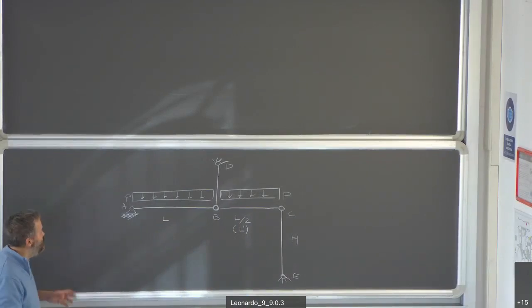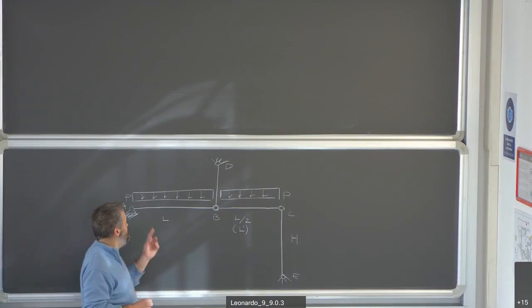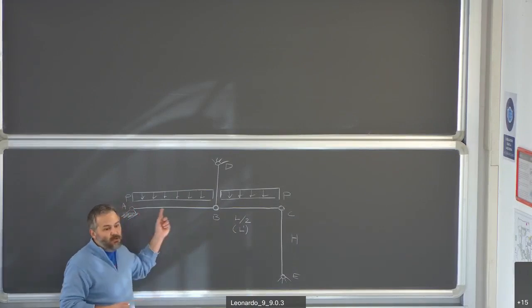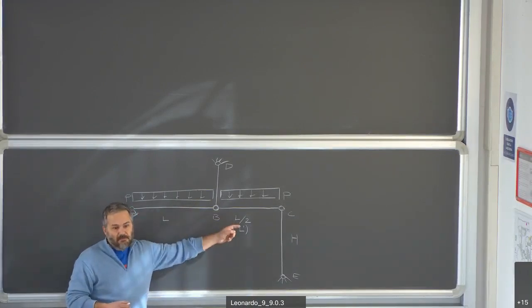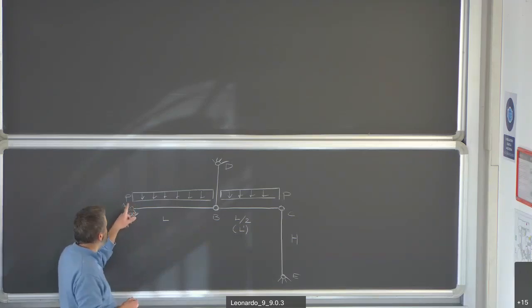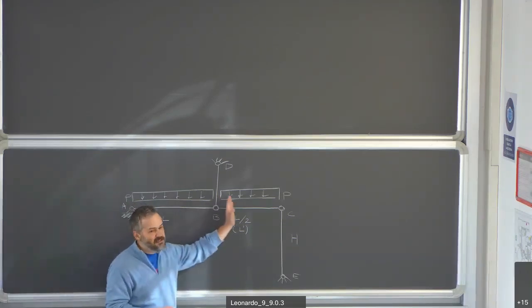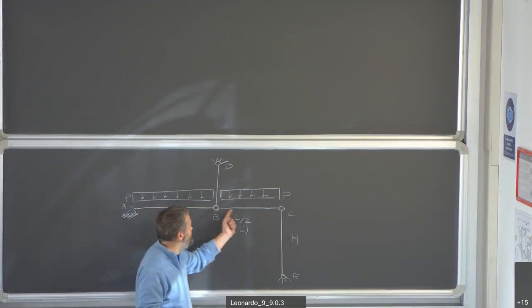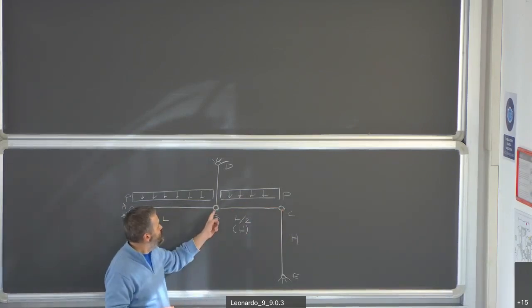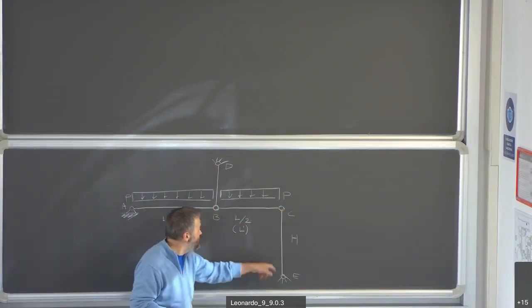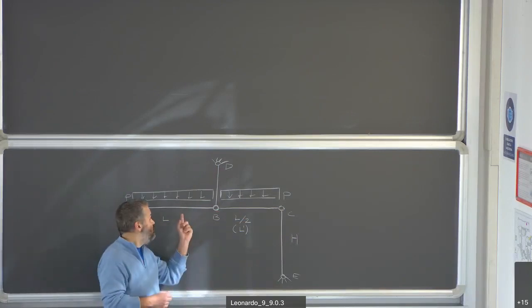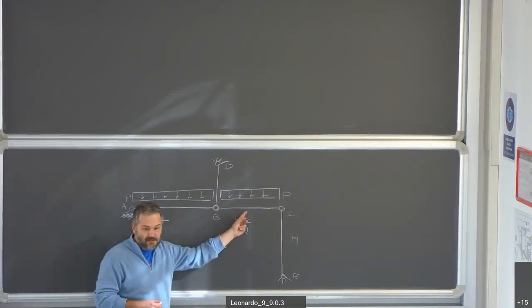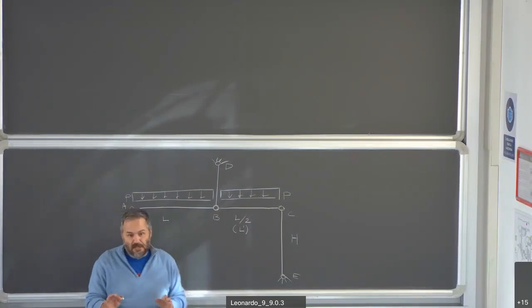Why? Because, let me be clear about it, no matter what is around the beam, no matter the fact that here there is a hinge, here there is the rest of the structure, and for this beam here there is a tie here, a column here, and also a beam here, both this and this are simply supported beams.